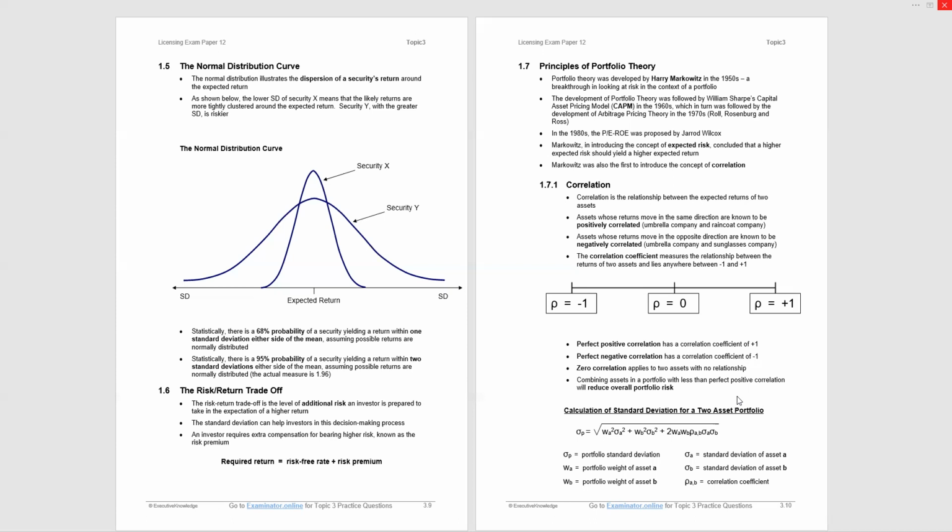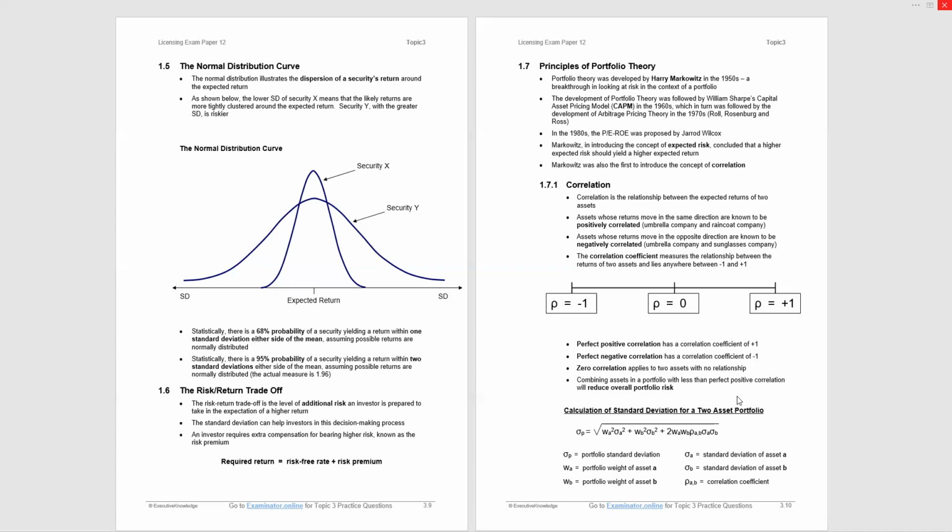Assets whose returns move in opposite directions are known to be negatively correlated. An umbrella company and a sunglasses company: the idea is that when one is making profits in the rain, the other is not. The correlation coefficient measures the relationship between the returns of those two assets and lies anywhere between -1 and +1.